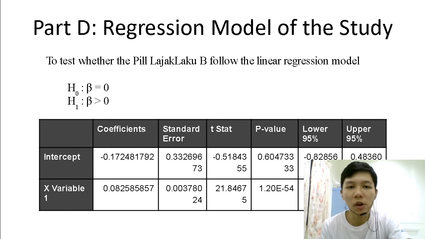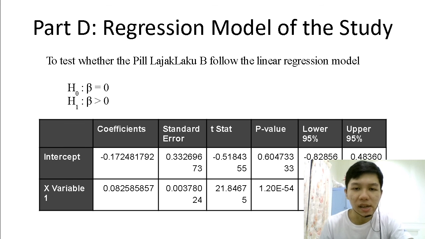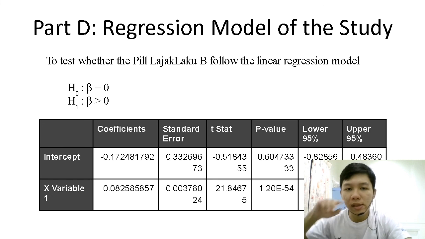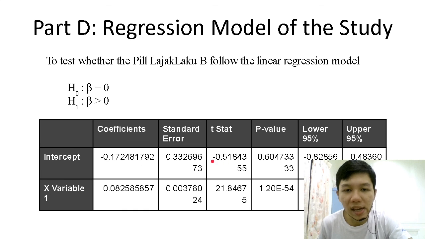Next, we want to verify this model, and to do that, we need a null hypothesis, which is H0: beta equals 0, and the alternative hypothesis of beta more than 0. So the next thing is we need to determine the t statistic, which in this case is negative 0.51 for the intercept.